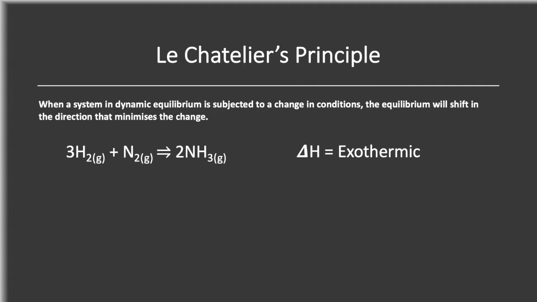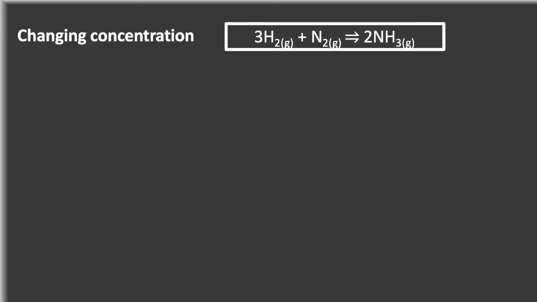You would have met Le Chatelier's principle, really useful for predicting the change in equilibrium position. Le Chatelier's principle states that if we have a dynamic equilibrium and we try and change the conditions, the equilibrium shifts to minimize that change. So again, let's look at the Haber process, and we're going to change the concentration of hydrogen by increasing the amount of hydrogen in the mixture.